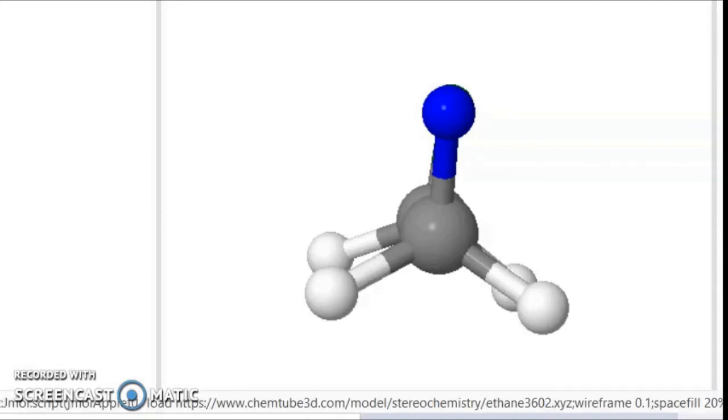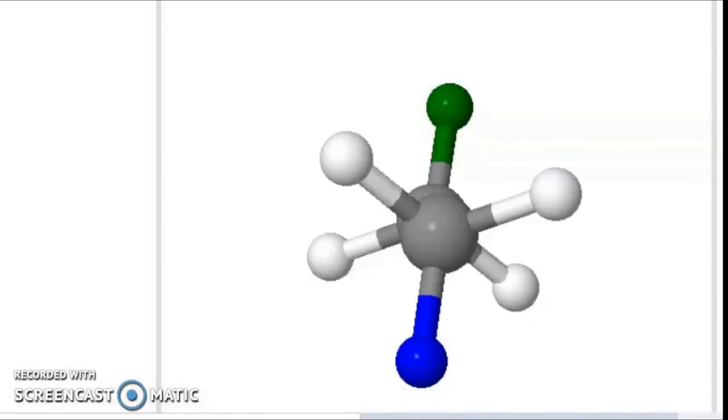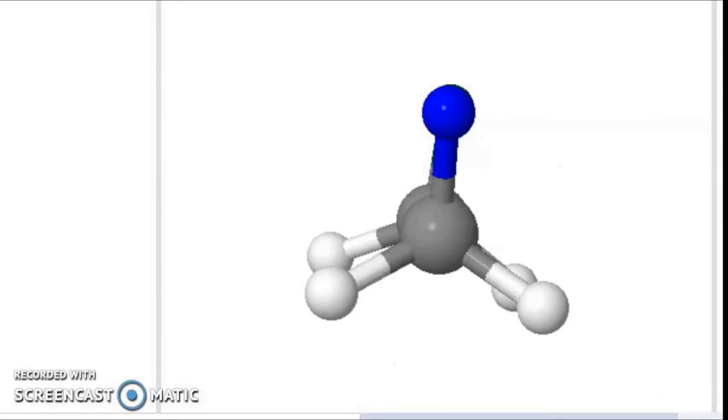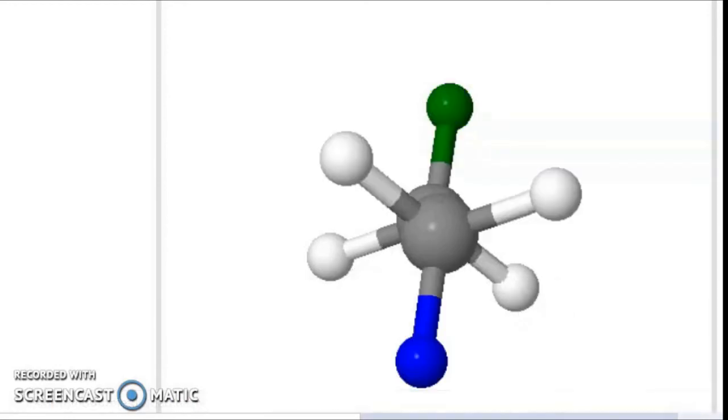Okay, but when the dihedral angle is 180, when all the substituents on adjacent carbons are 180 degrees apart, then the molecule is highly stable. So in the case of the ethane molecule, the eclipsed conformation is the least stable and the staggered conformation is the most stable.